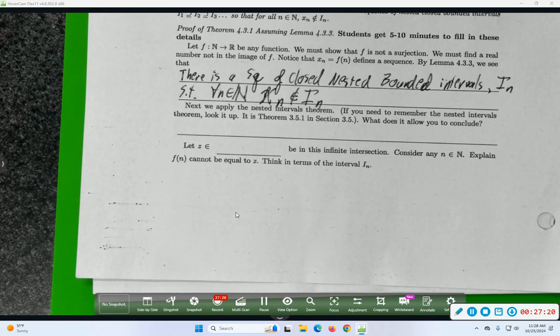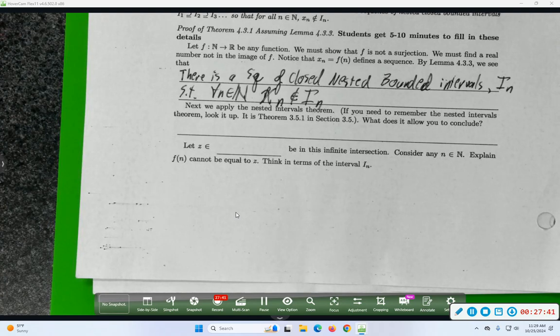The next prompt is: explain why f of n cannot be equal to z for any natural number n. Why is that? Emma, some of the stuff I saw with it looked pretty okay.